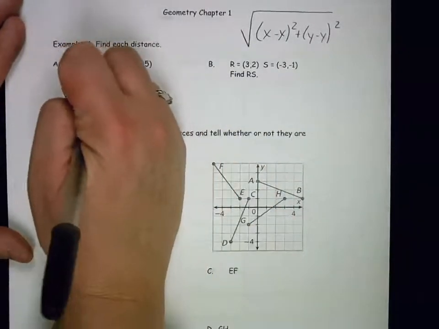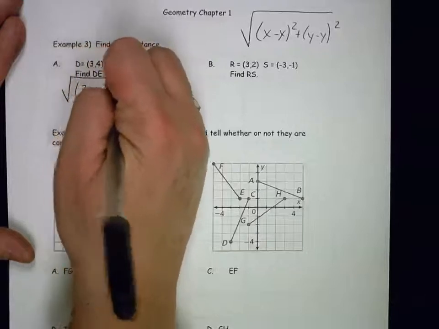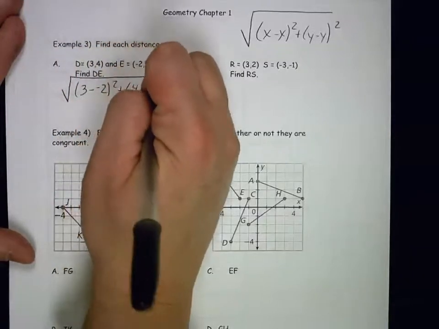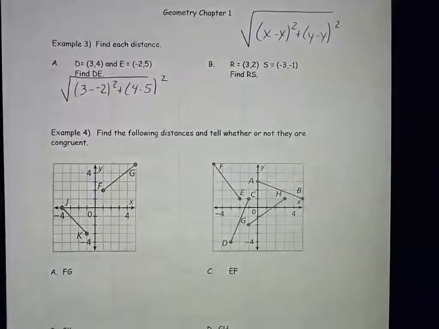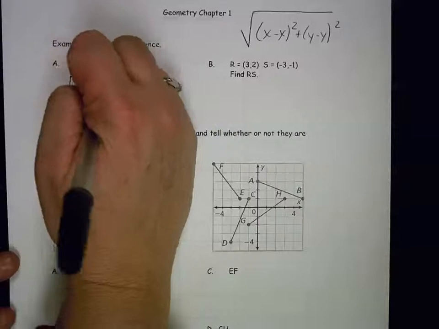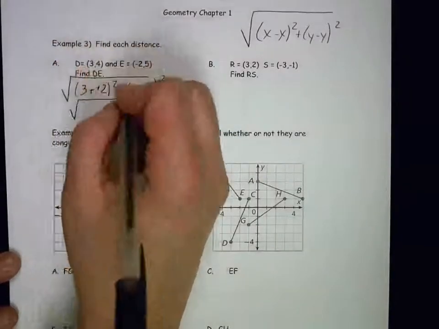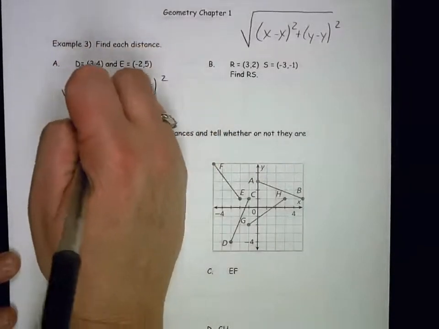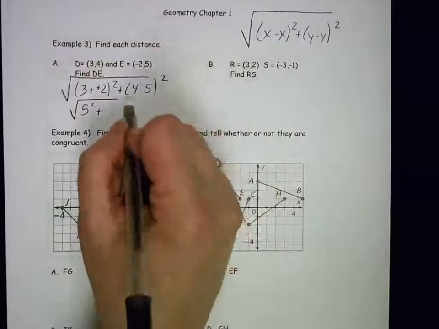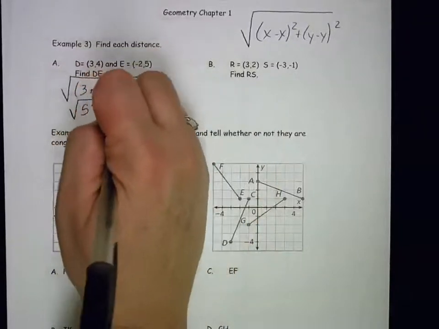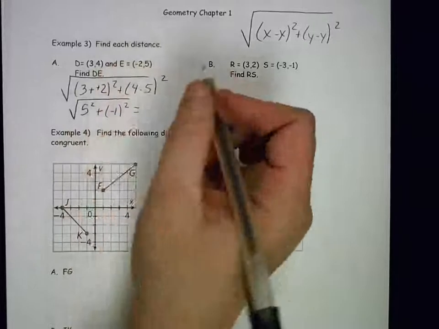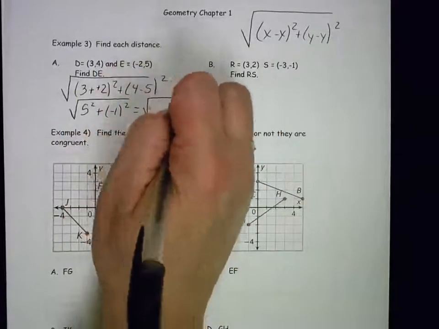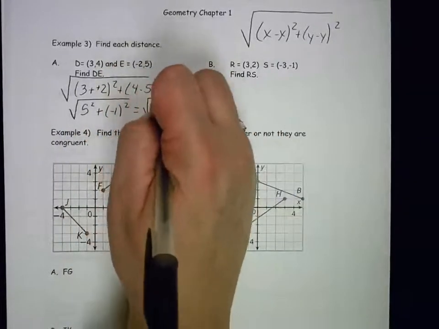3 minus a negative 2 squared, 4 minus 5 squared. Zip zapping that, 3 plus 2 is 5 squared. 4 minus 5 is negative 1 squared. 5 squared is 25.